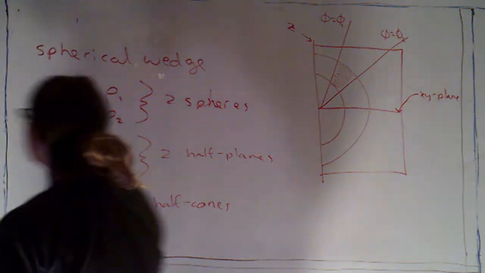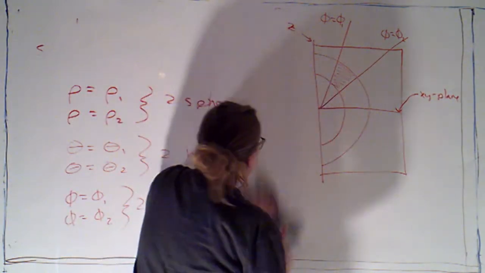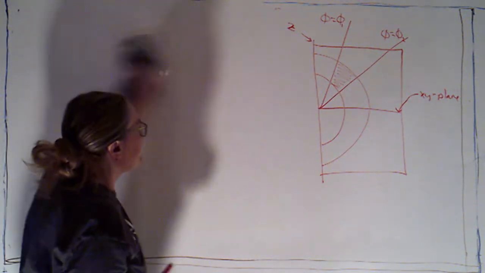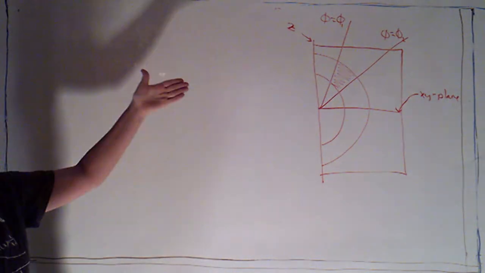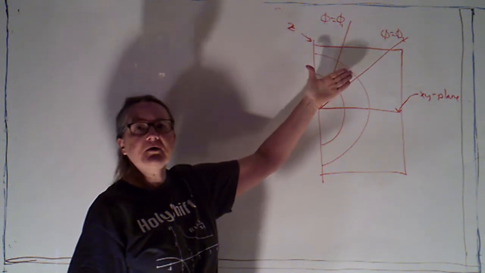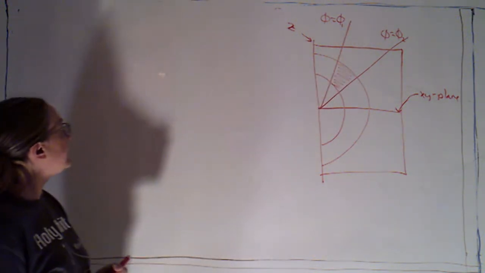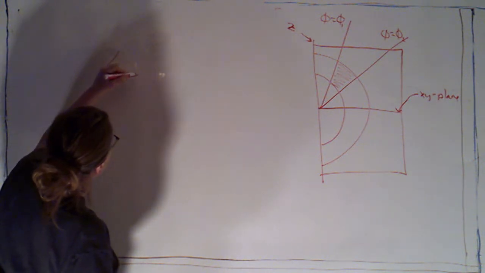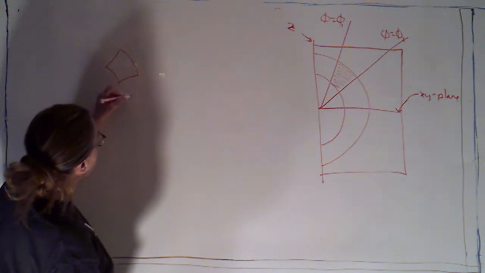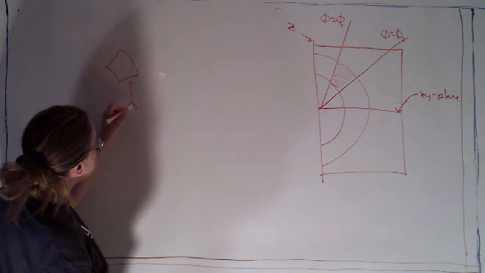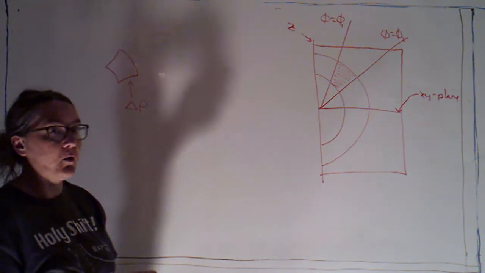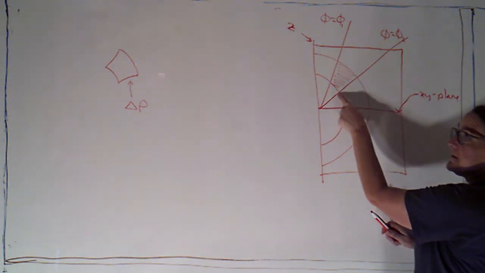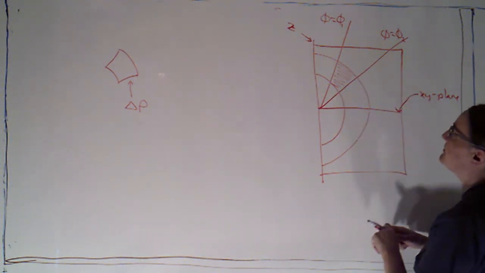Now, I'm going to start by approximating the area of this, just the area that we have here that we're then going to rotate as we allow theta to change. So if I take a look at this thing right here, this side is actually just delta rho. That's literally the difference between the bigger rho value and the smaller rho value.